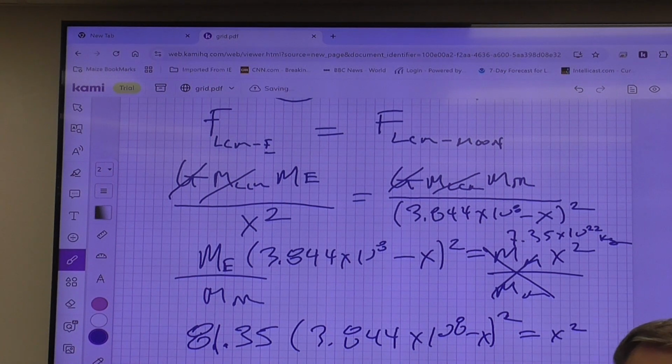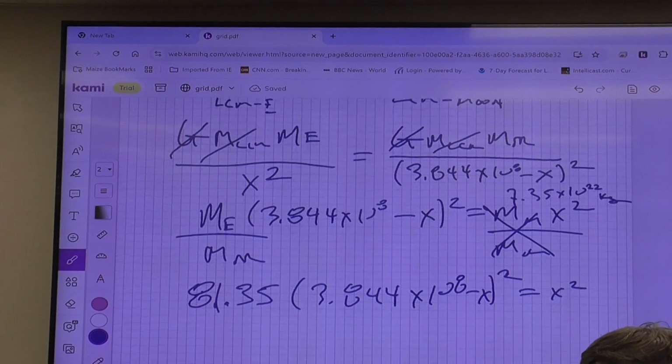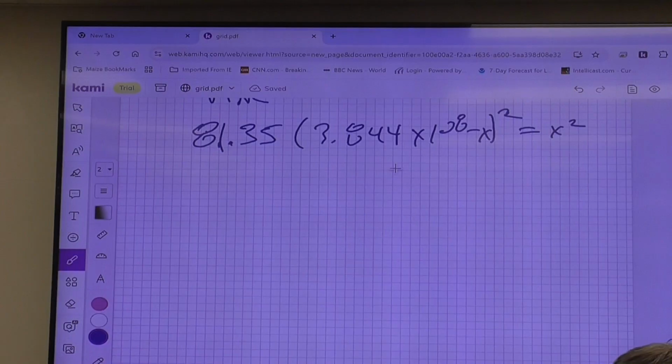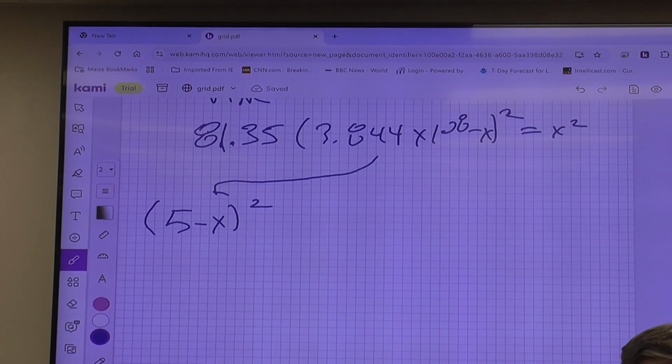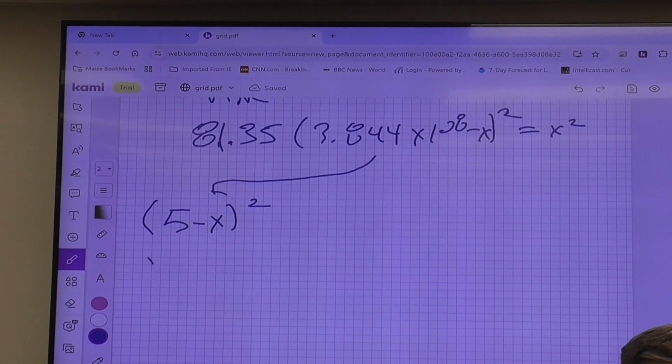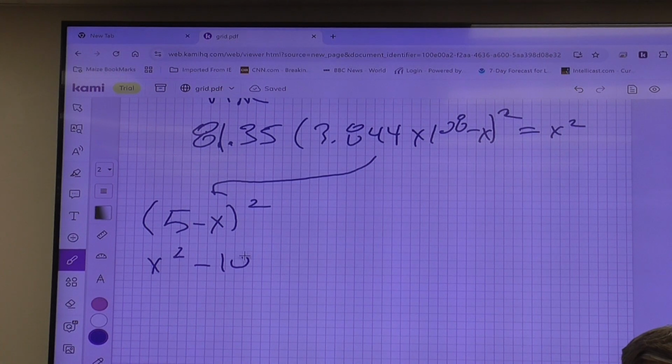Okay, now, at this point, you have a decision to make. So let me show you the two ways you can do this. So let's start with something simple. Let's say that you had 5 minus x quantity squared. Let's go back to algebra 1 days. What do you get if you square 5 minus x quantity squared? x squared minus 10x plus 25.